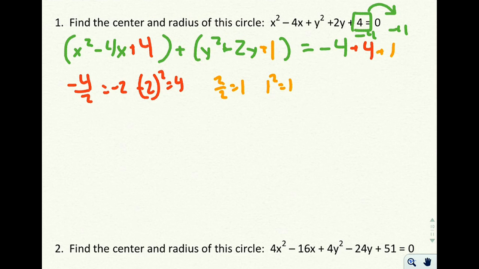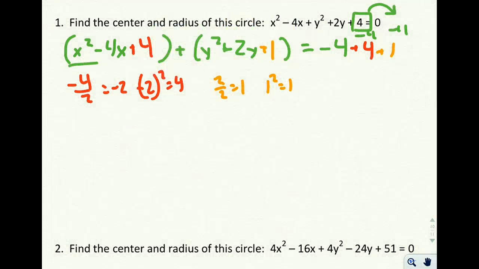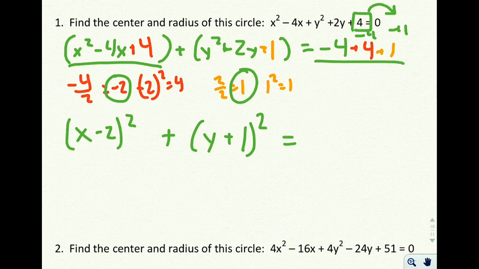And then when we clean this all up, we know every single time that this right here is going to collapse down to x plus this number right here, squared, plus y plus this number right here, quantity squared, equals this all cleaned up. So negative 4 plus 4 is 0, plus 1 is 1.